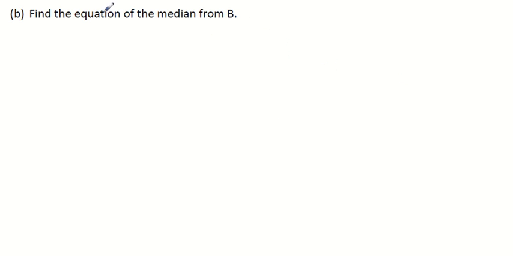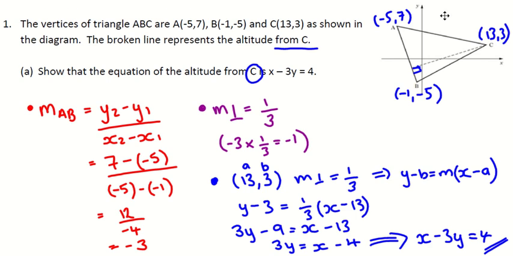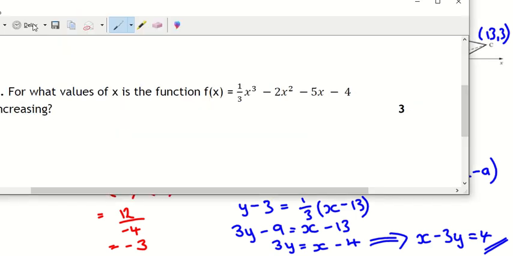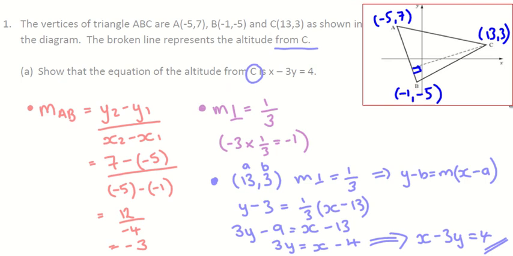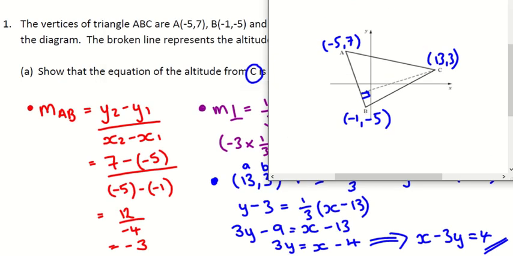The next part of the question is to find the equation of the median from B. So what I'm just going to do very quickly is copy this picture over.